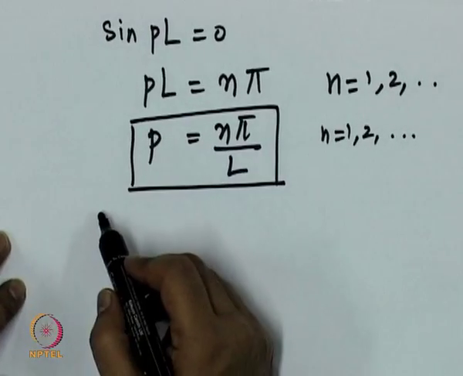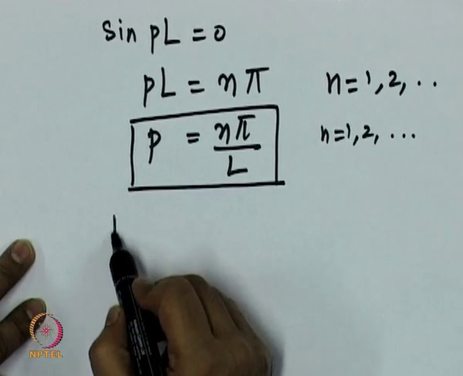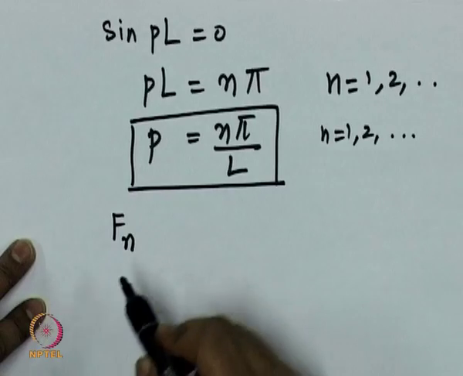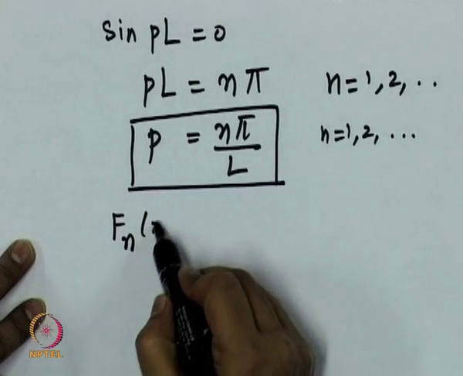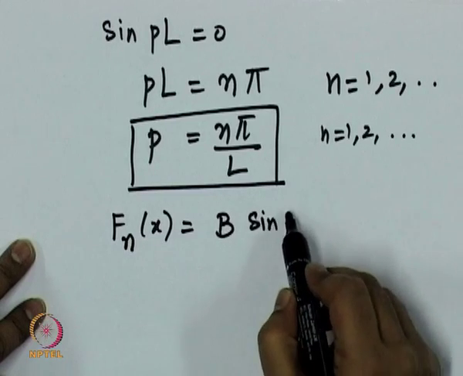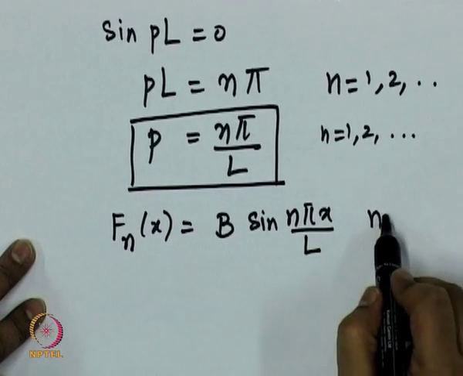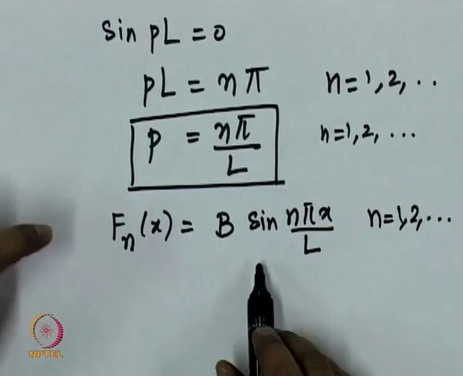So, we get the solution. Depending on n we get different solutions. So, these are denoted as fn of x, nothing but b sin n pi x by L, n equal to 1, 2, etc.